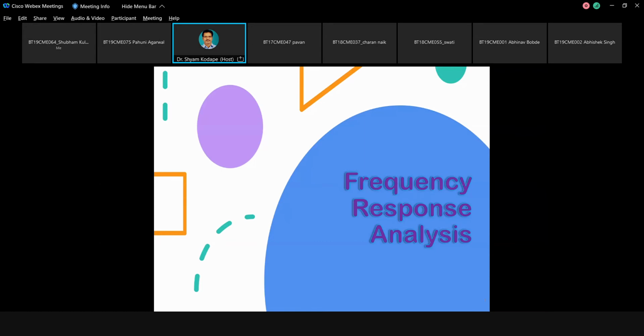How far these adjustable parameters help us achieve the desired value of the system. Desired value means whatever aim you have.